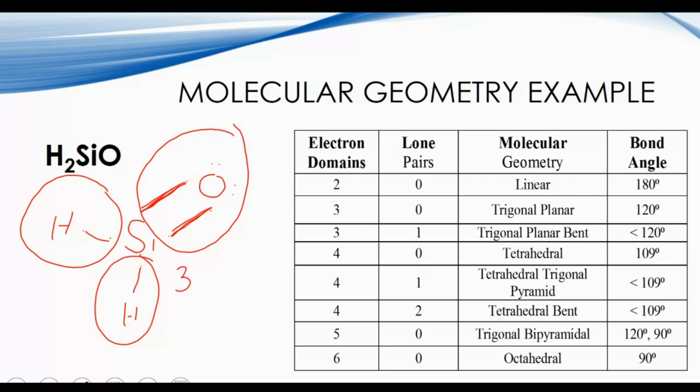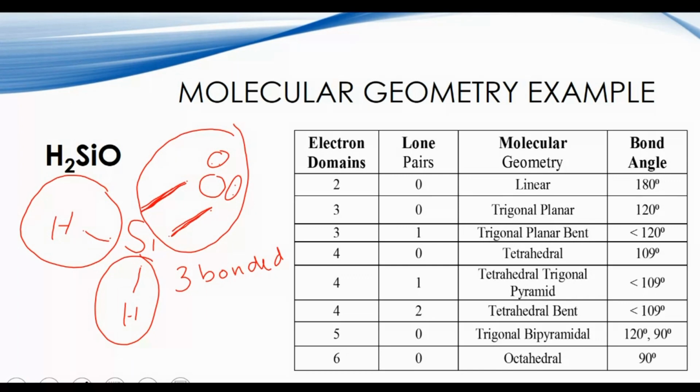And all 3 domains are going to be bonded because there is not a single lone electron pair on this silicon. I do know, and you guys can see here that on the oxygen, we got two sets of pairs, right? But those don't really count. We're only looking at the domains on the central atom. So those we are not going to take into consideration when determining what the molecular geometry for our molecule is.